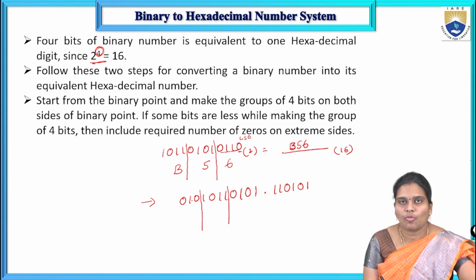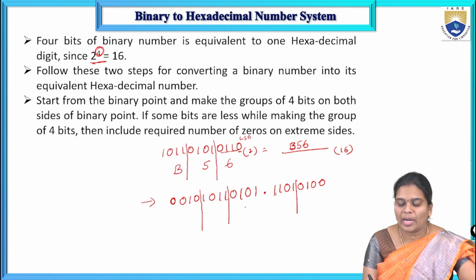Here we have only 3 bits, so adding zeros. Coming to the right side, we start from this position and separate 4 bits. So this is one group, and next we have only 2 bits, so again adding zeros.